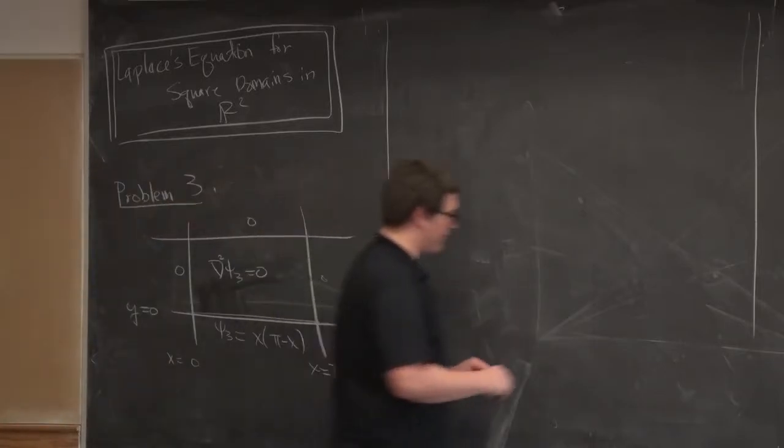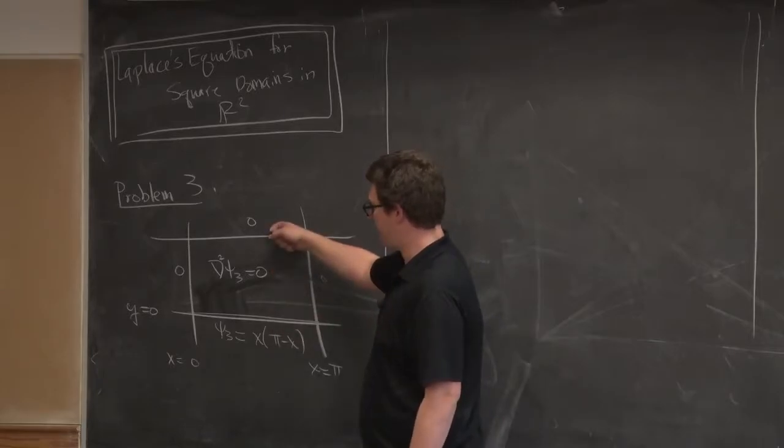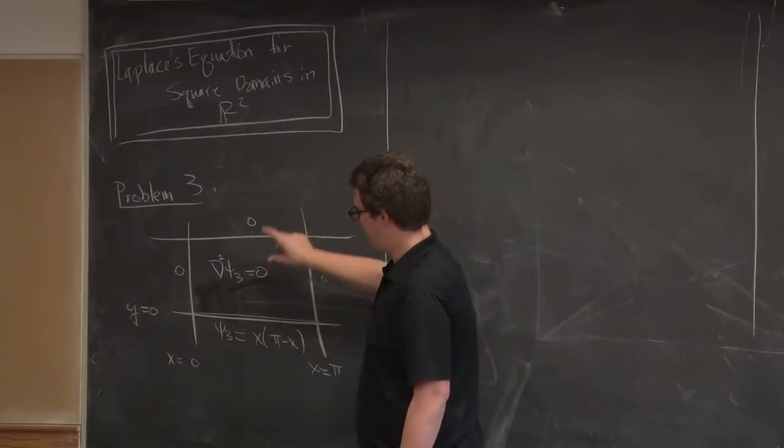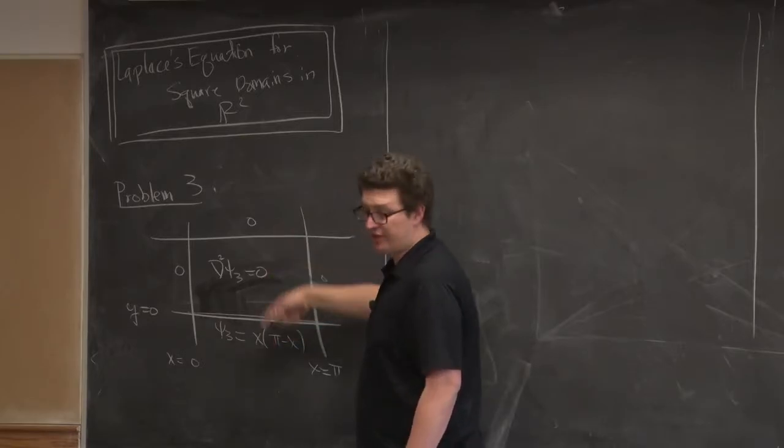As you remember, we had general solutions. This is like the problem where we had data up here and 0 there, but it's just flipped.